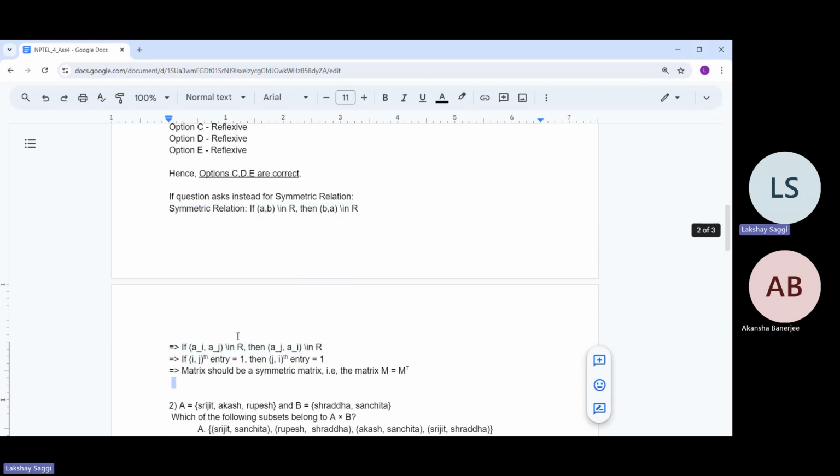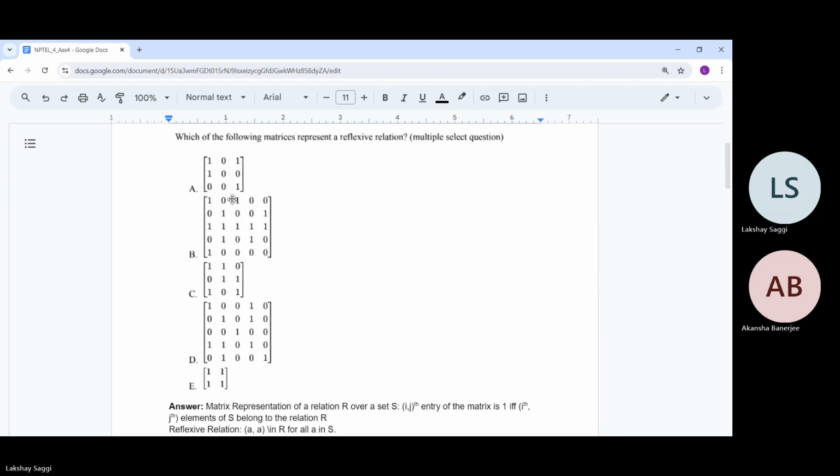So which of these options would then be symmetric? Akansha, would you like to answer this? Which of the following matrices will represent a symmetric relation? Akansha is typing something in the chat.